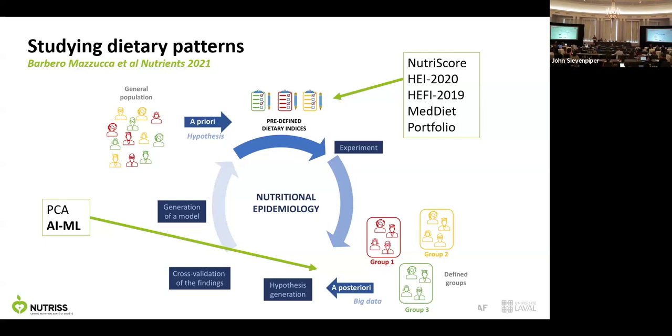And then there's the other approach, which is the posteriori approach, where you let the data decide what it looks like, essentially. So there's the classical principal component analysis approach, or more sophisticated and more recent AI-based methods.